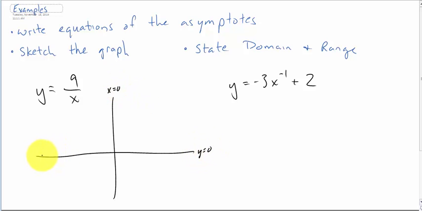So our graph starts by this asymptote, it's going to go up, but it has a scale factor of 9, so this point that was at 1, 1 is now up here at 1, 9. And negative 1, negative 9.